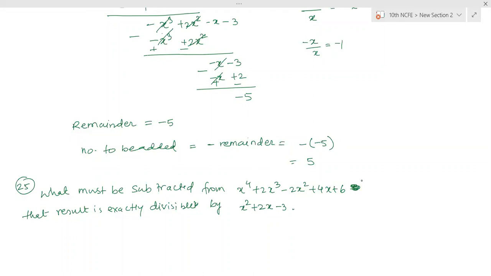Ma'am, is it 2x plus 9? 2x plus 9. Yes, right. 2x plus 9 is the answer. 2x plus 9 should be subtracted.